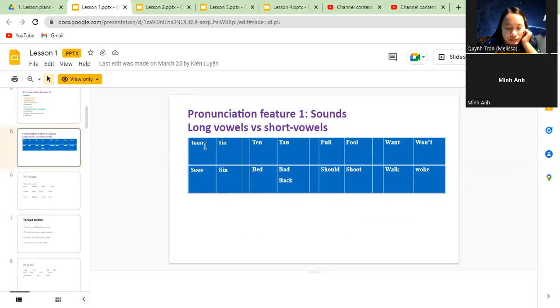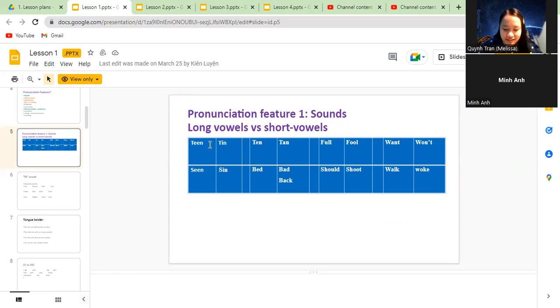But when it comes to the short vowel sound, we just relax, like tin and sin. We don't need to stretch our mouth or do anything else. So, can you feel that? Yes.